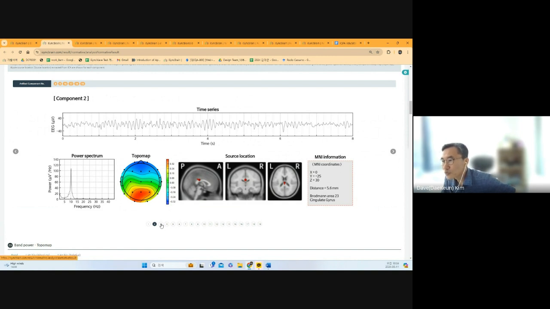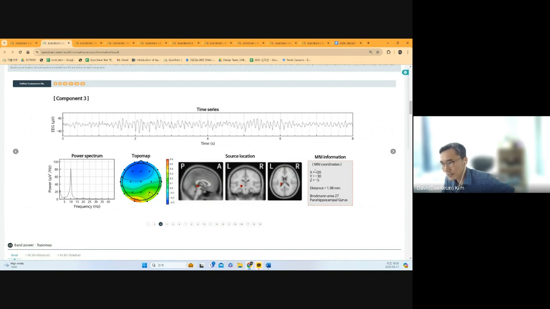And the third one is the left parahippocampal alpha activity. That's another temporal alpha activity, not a healthy one. The alpha should be in the occipital area in eyes closed.